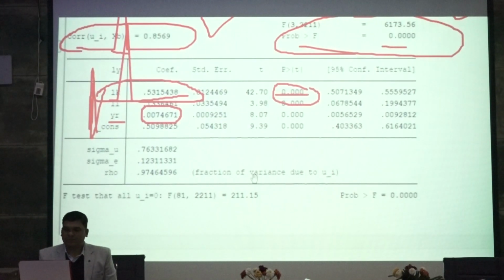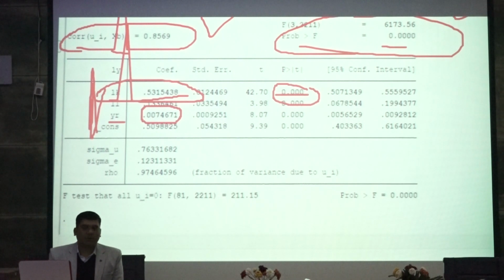Okay, so this is the coefficient of yr. What does it mean? It means 0.7% GDP is increasing yearly, 0.7% GDP is increasing annually in each country.